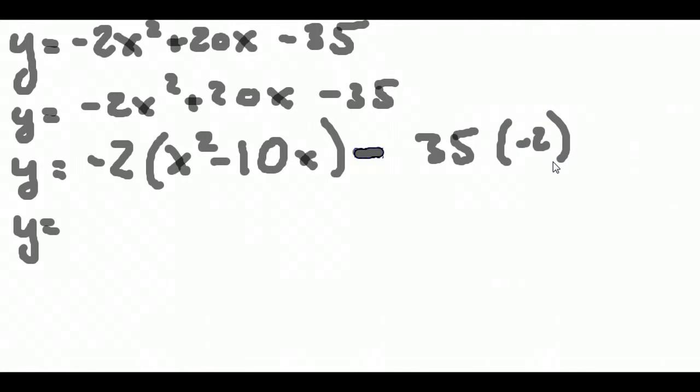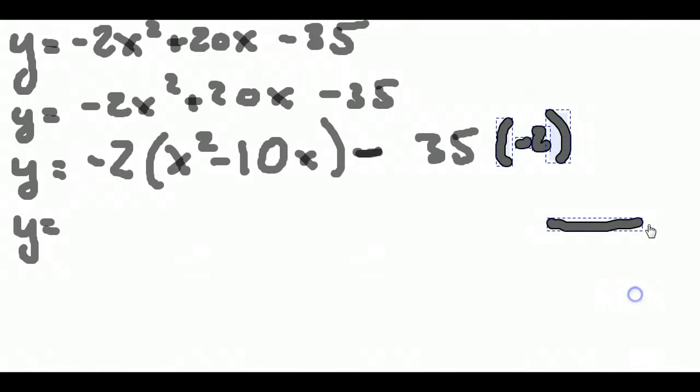Okay, so the way I wrote it is y equals -2 open x squared minus 10x close parentheses minus 35.